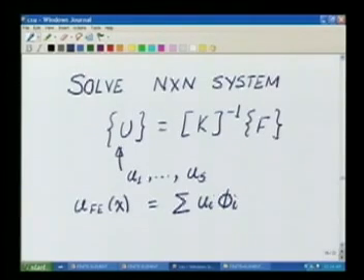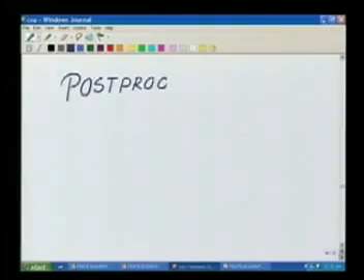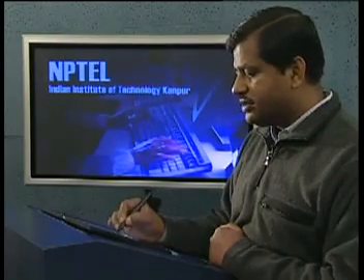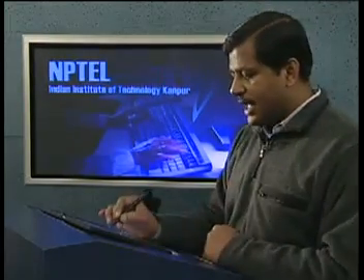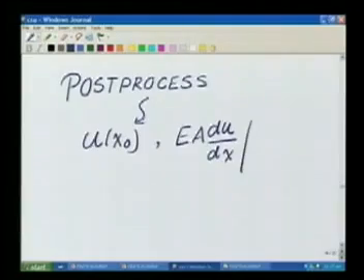Once I know this, then what do I do with it? I am going to do a post-processing of the finite element solution to obtain what? I may be interested in displacements at a given point. I may be interested in the axial force at some other point, and so on.